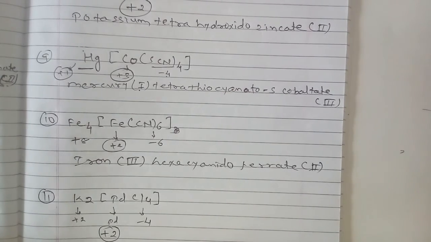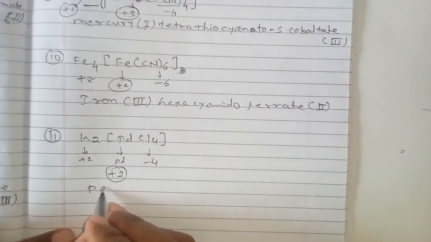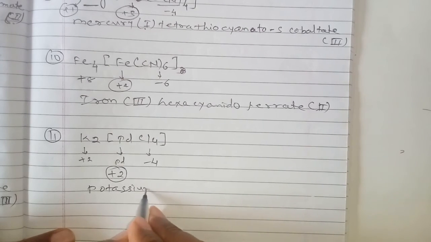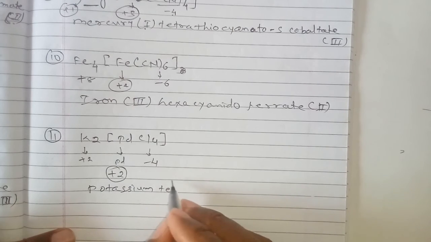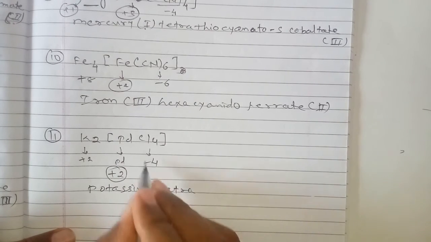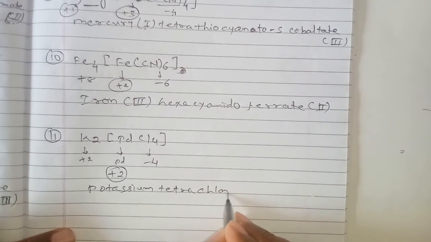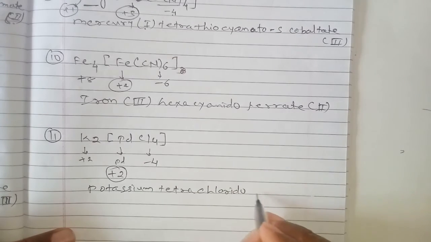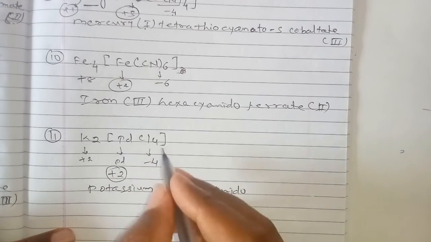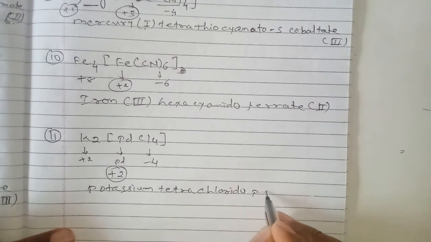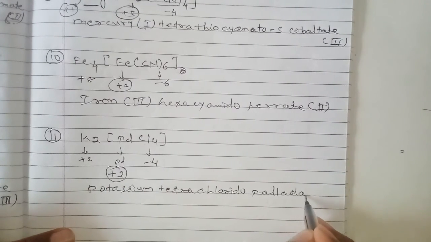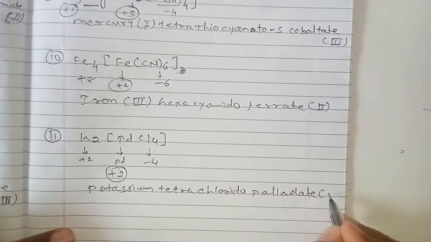It is named as potassium tetrachlorido, Cl for chlorido, palladium, and its suffix is -ate, so it is named as palladate(II).